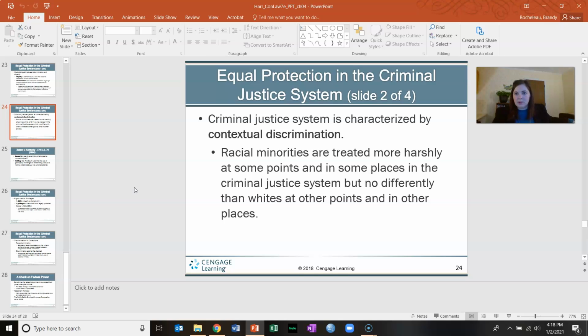An example of this might be the much higher arrest rate experienced by people of color, in particular men of color, compared to those who are white. There are other areas, though, where people are treated fairly similarly in the process.